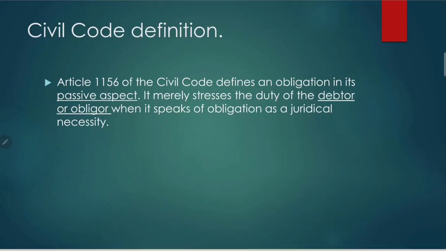So, itong passive aspect na to, mas maiintindihan natin to later on. Kasi, pag sinabi nating passive aspect, ito yung duty ng debtor or obligor, yung party na bound to perform an obligation, yun ay tinatawag natin na passive aspect.